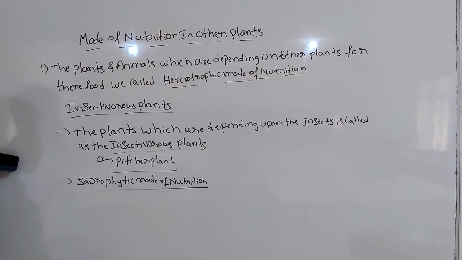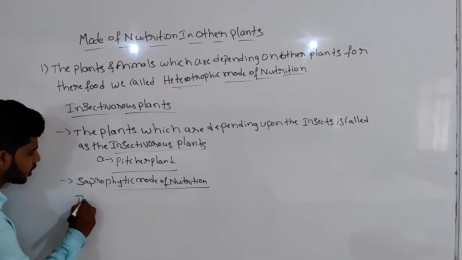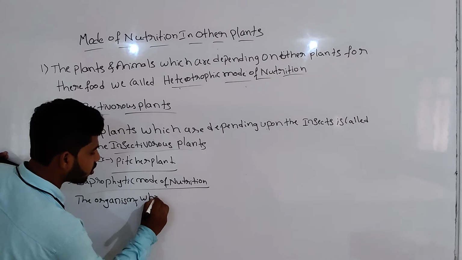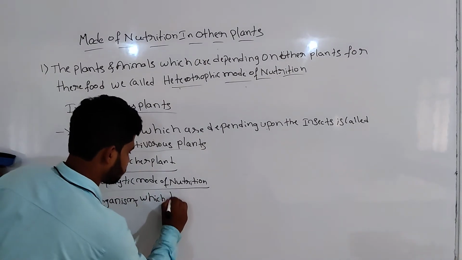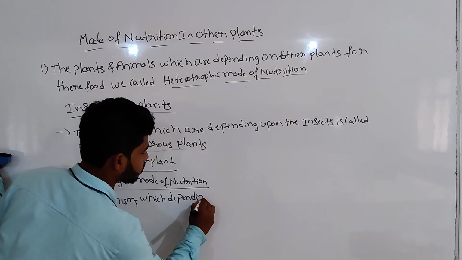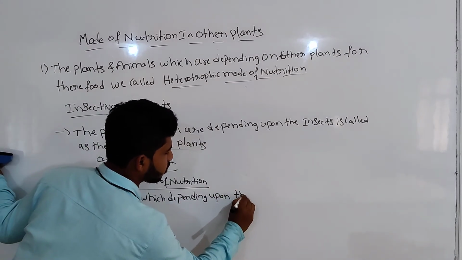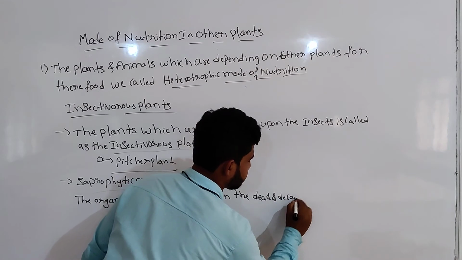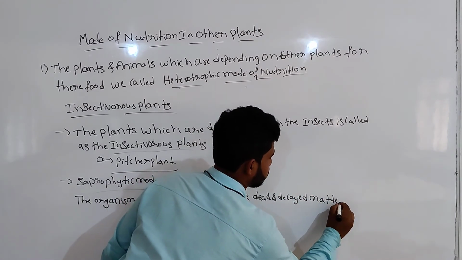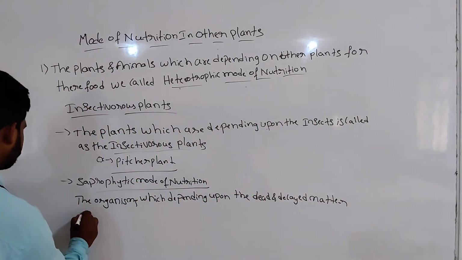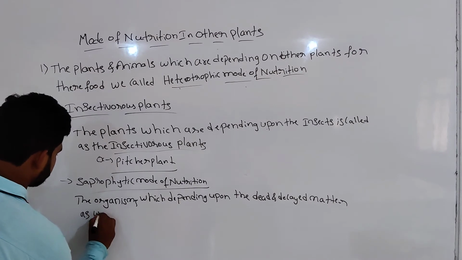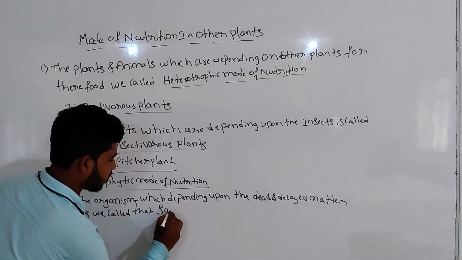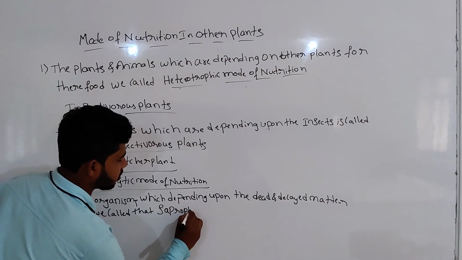What is the definition of the saprophytic mode of nutrition? The organisms which depend upon dead and decayed matter are called saprophytes.